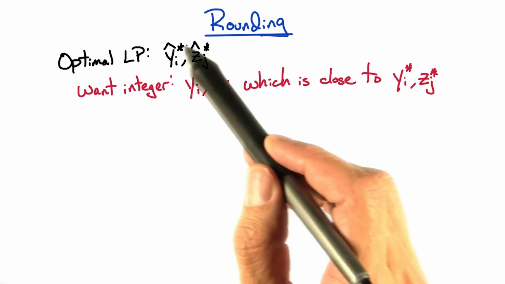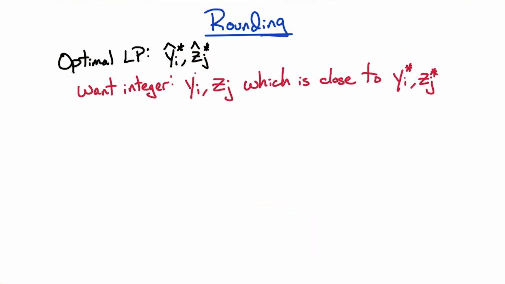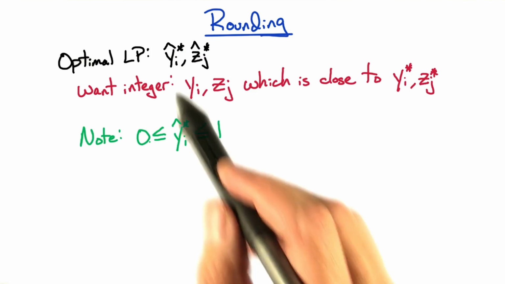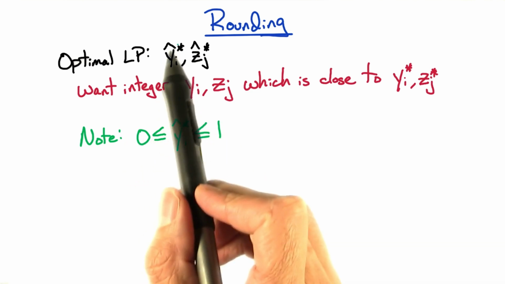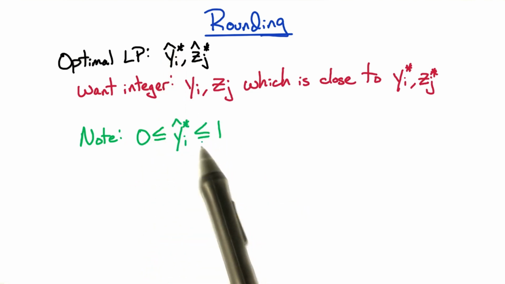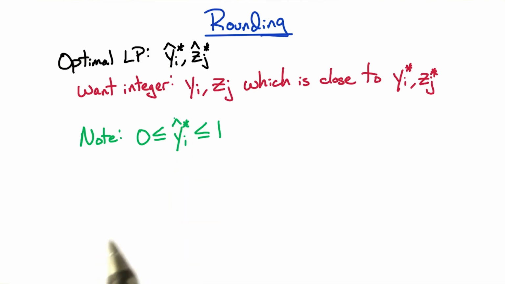So how do we round from this fractional point to this integer point? Recall our LP and our integer linear program had the constraint that these variables are constrained between 0 and 1. Therefore, this optimal solution also satisfies these constraints, so yi star hat is between 0 and 1. Therefore, we can think of it as like a probability.